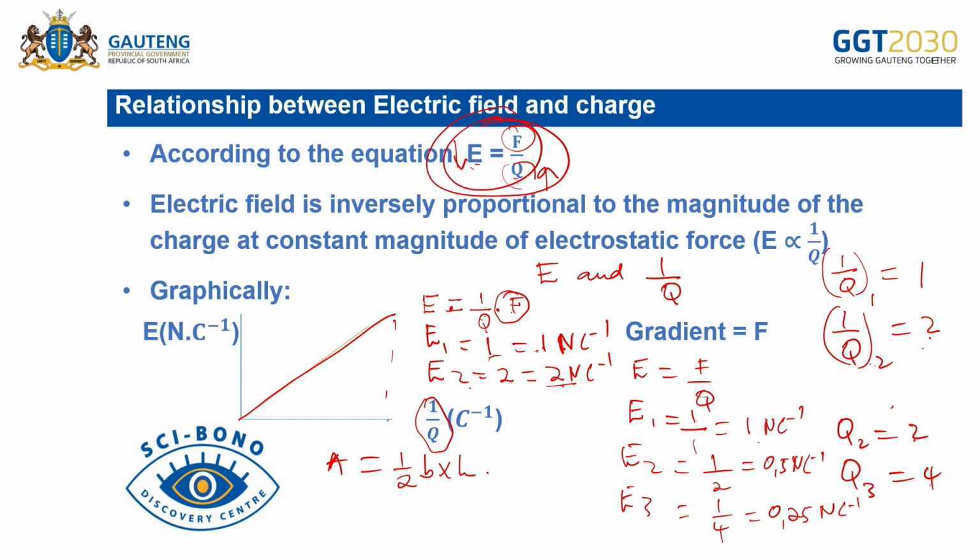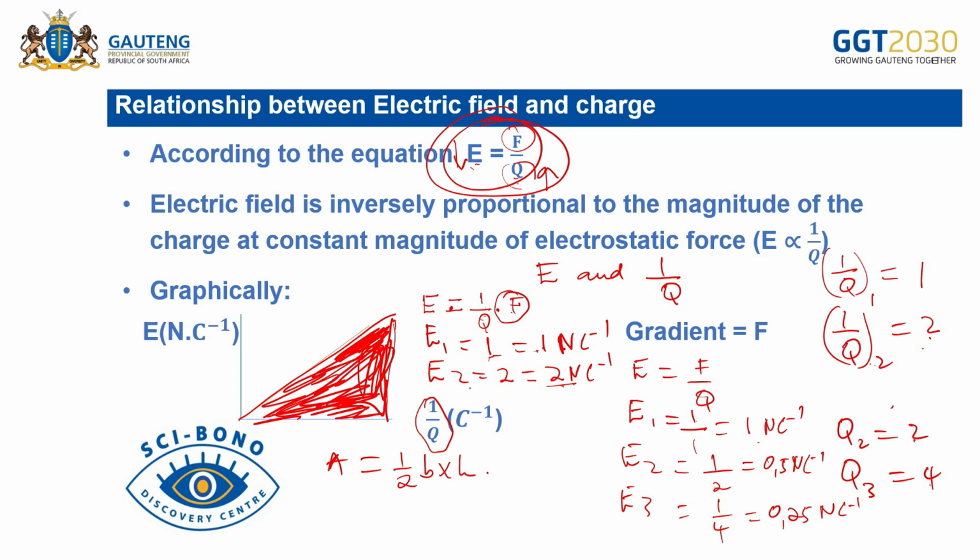I'm saying under the graph, the line that you have drawn that shows the direct proportionality. They are talking about the area between the horizontal axis and this line that shows the direct proportionality between E and the inverse of Q. That is why I'm saying I'm having a triangle there.